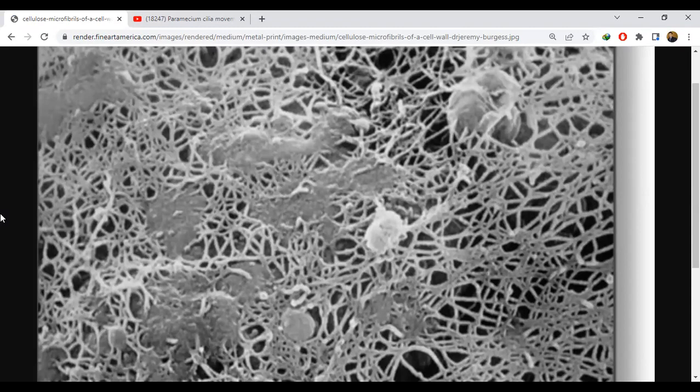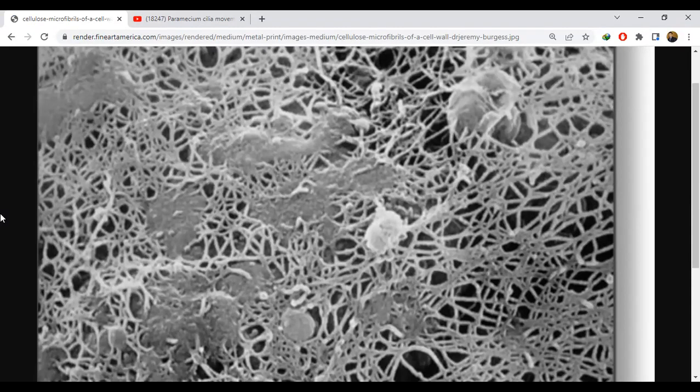Yes, sir. So is it compulsory for the water to move through the pits? No, I don't say the water will not move through the pits. That's not the meaning. Understood? Definitely water can move through the space.